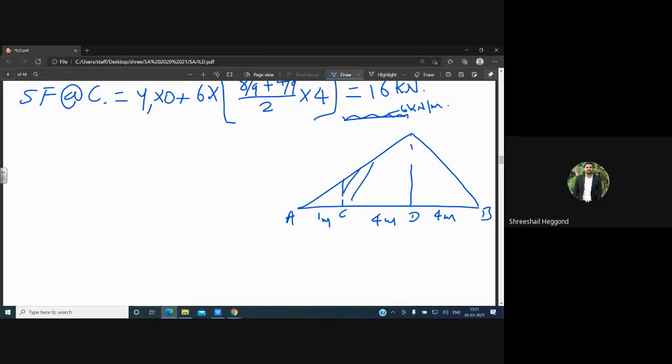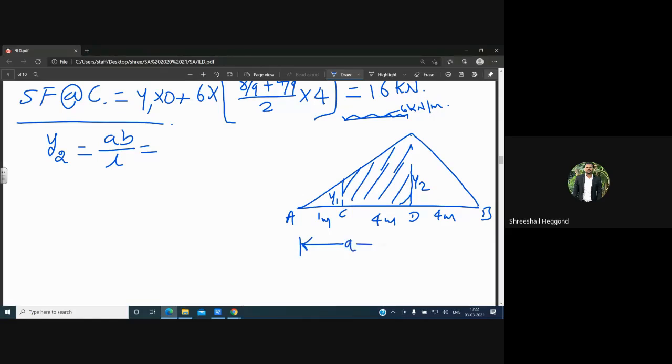Therefore, you need to find out the area to the left of D. That is y1 and y2. First, you can calculate the y2 value and then you can calculate the y1 value. y2 can be calculated as AB divided by L. This is a fixed rule: A is the left hand side and B is the right hand side.